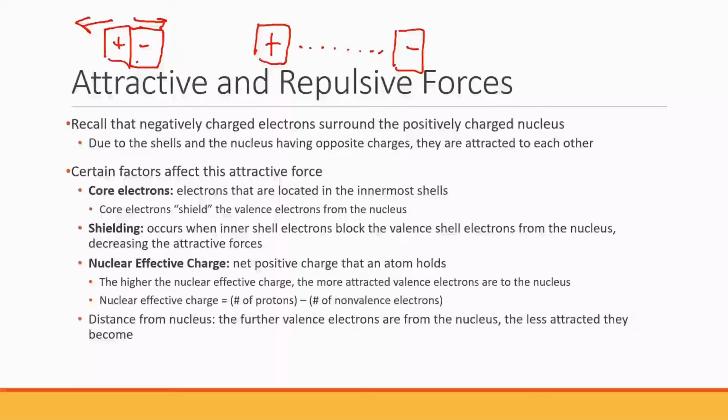So they become less attracted when they are further away from each other. And the opposite also holds true. When you bring them closer to one another, they become more attracted to each other. So valence electrons that are closer to the nucleus will be more attracted to that nucleus, and valence electrons that are further from the nucleus will become less attracted to that nucleus.